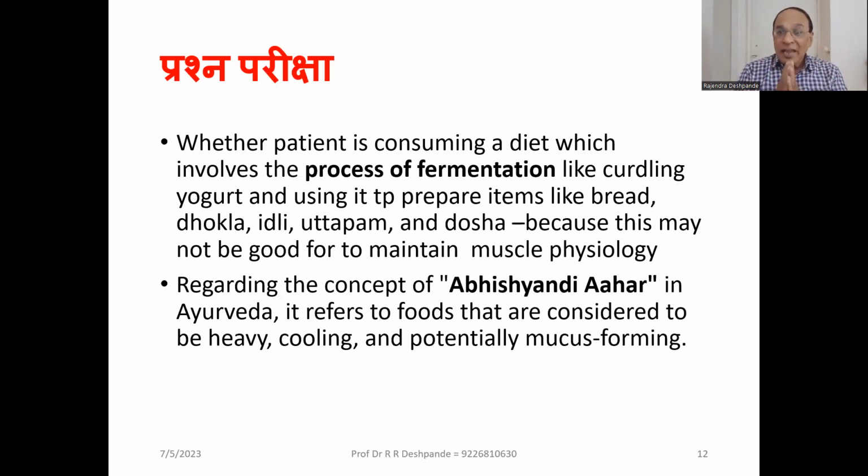Fermented products cannot be good to maintain muscle physiology. It can create Srotorodha, Ama nirmiti.